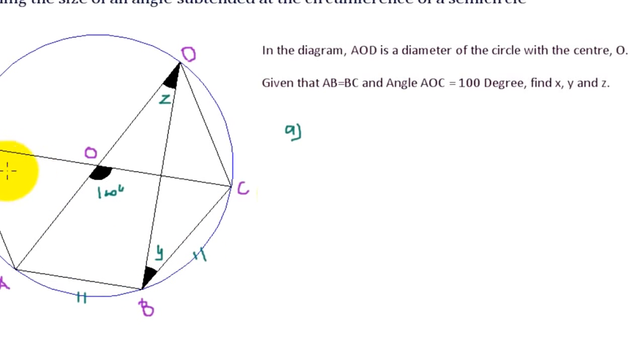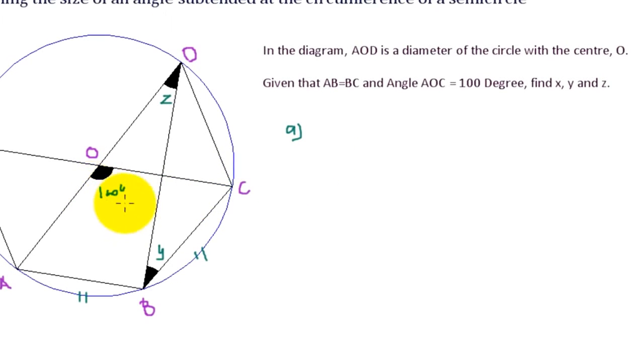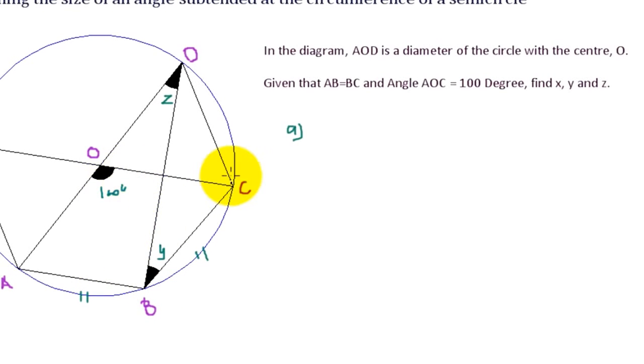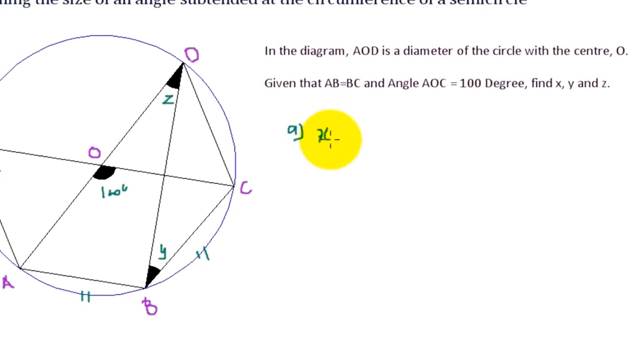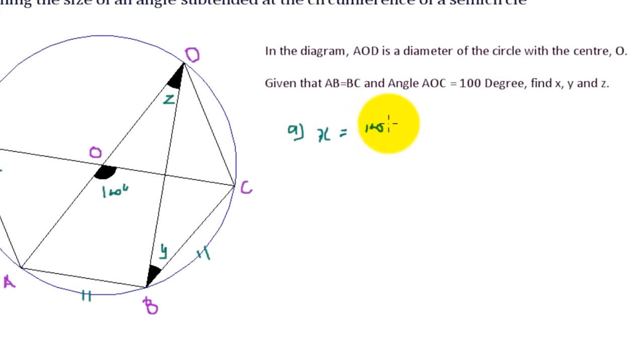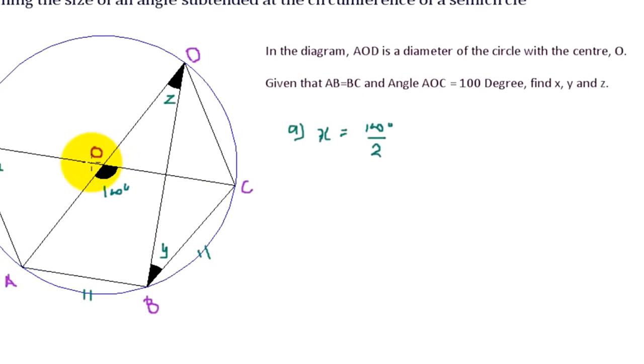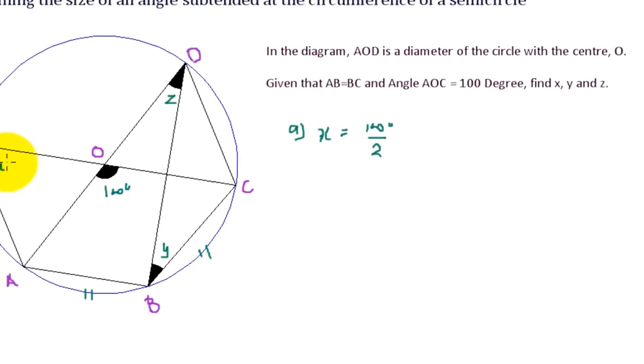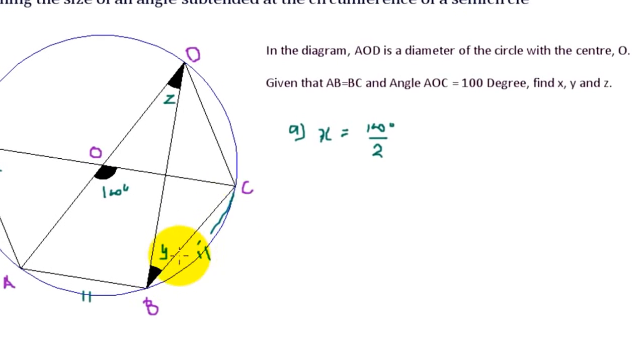So from our previous video, you know that angles subtended by the same arc mean that X is equal to 100 degrees over 2, because angle AOC must be twice the angle AEC.